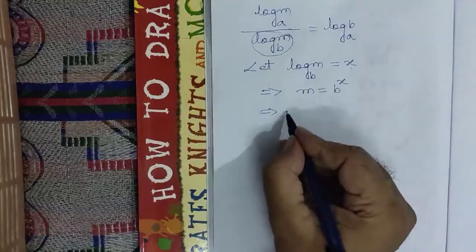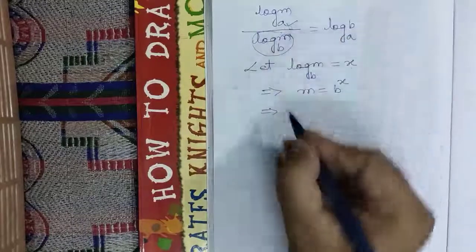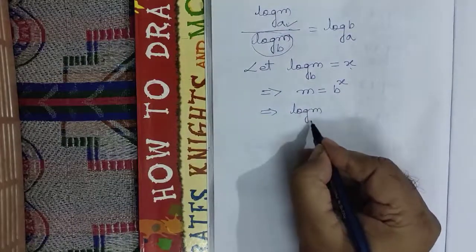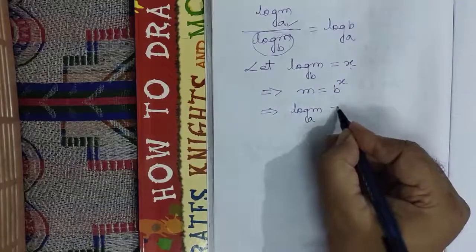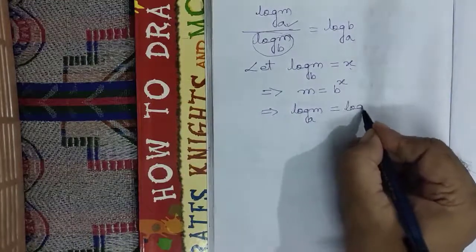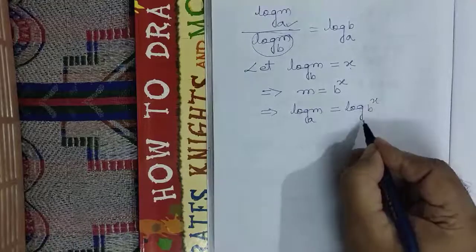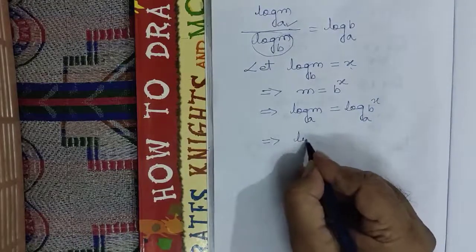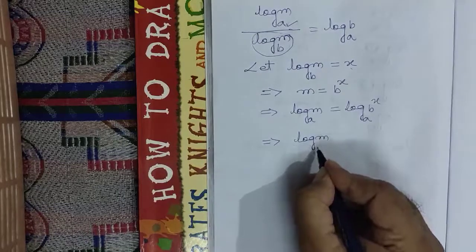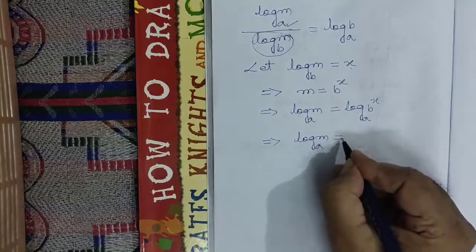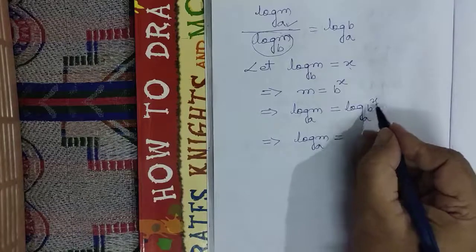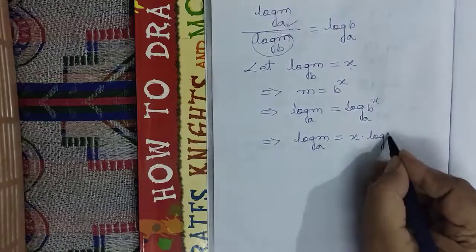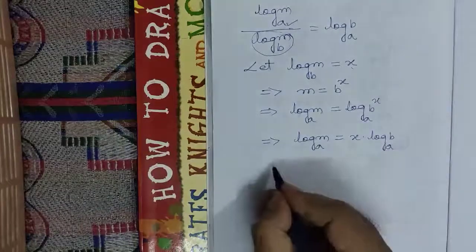So, on both sides I am taking log with respect to this base a. So, I will be getting log m base a equal to log of b to the power x, base a. Here you will be getting x into log b base a.